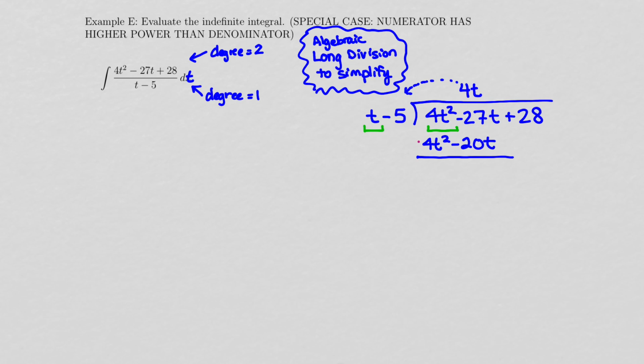You might have learned change your signs and add down. So 4t squared minus 4t squared, and then negative 27t plus 20t is negative 7t, and bring down that plus 28 to set me up for the next stage.